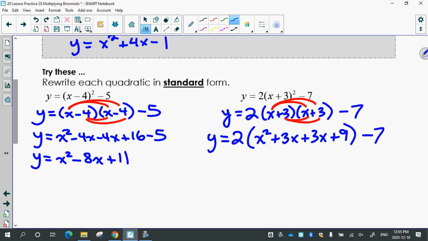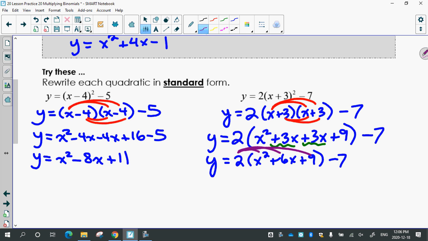Okay? Now you want to see if you can make the bracket simpler. You can, because there's like terms, you can add those. And then you can distribute the 2. Just to the things inside the bracket though.